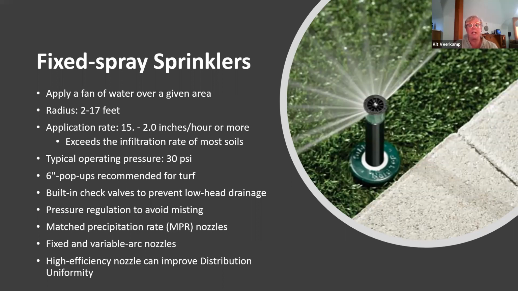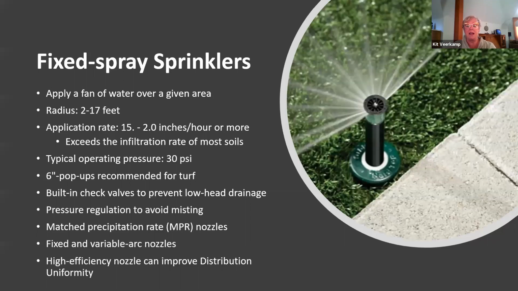Your typical operating pressure is roughly 30 psi. Most people have that at their homes. If you don't, then you especially need not to use something like this. Six-inch pop-ups are recommended for turf, mainly so that even if your grass gets high, it's not deflected. It's getting up above the grass to be able to apply water evenly.